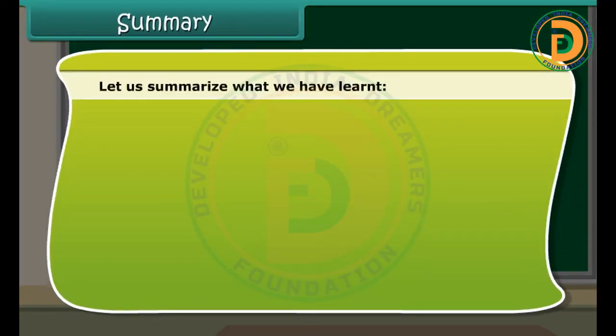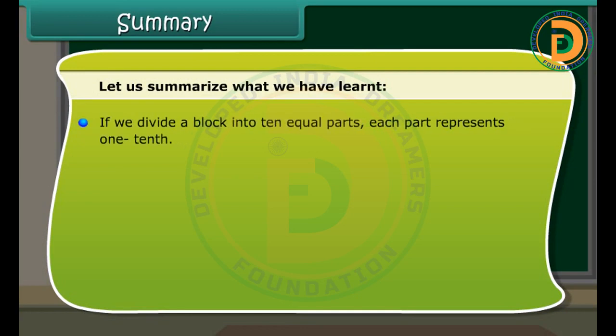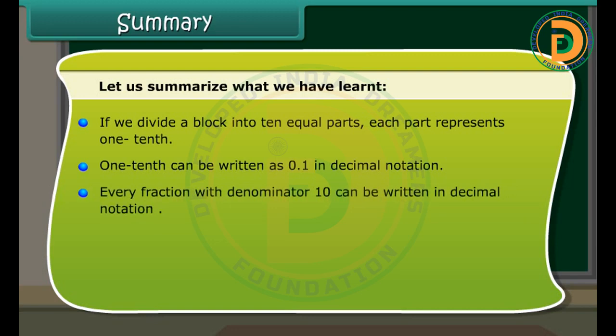Let us summarize what we have learned. If we divide a block into 10 equal parts, each part represents 1/10. 1/10 can be written as 0.1 in decimal notation. Every fraction with denominator 10 can be written in decimal notation.